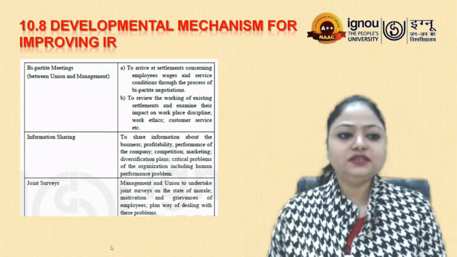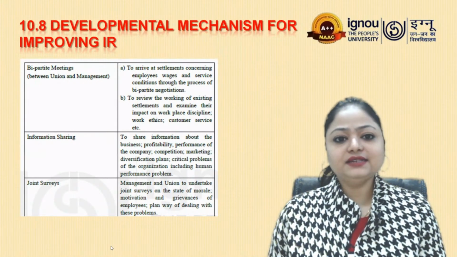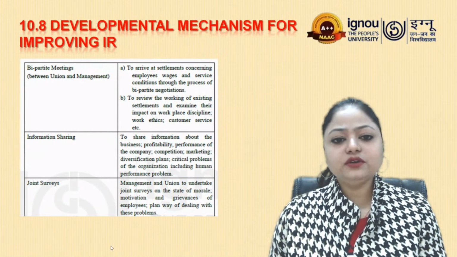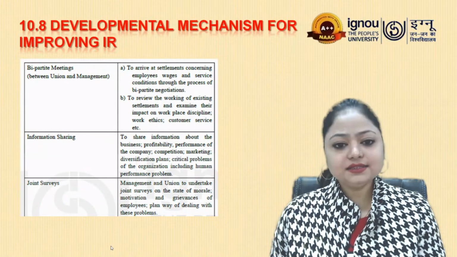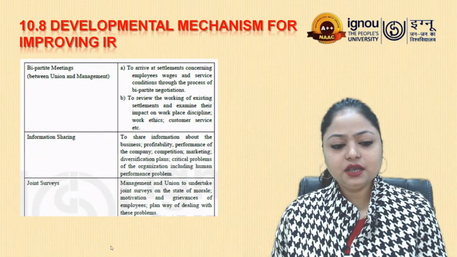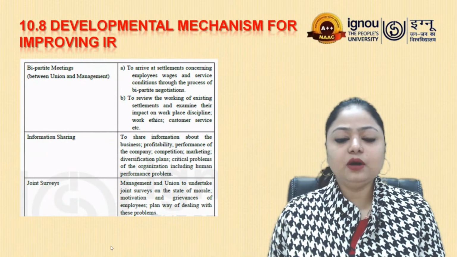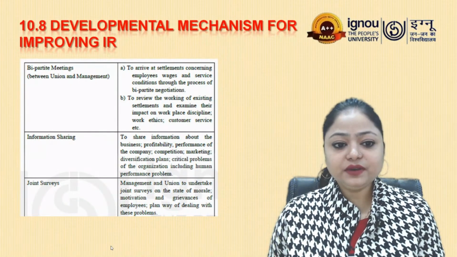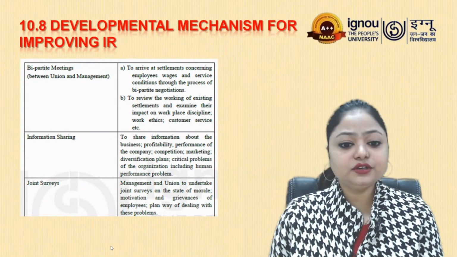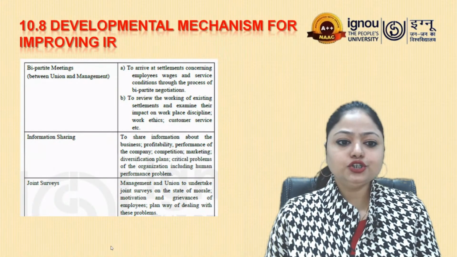The objective of bipartite meetings or information sharing is to arrive at settlements concerning employee wages and service conditions, to review the working of existing settlements and examine their impact on workplace discipline, and to share information about business profitability, the performance of the company, competition in the market, marketing plans, diversification plans, and critical problems of the organization, including human resource problems and performance issues that they are facing.